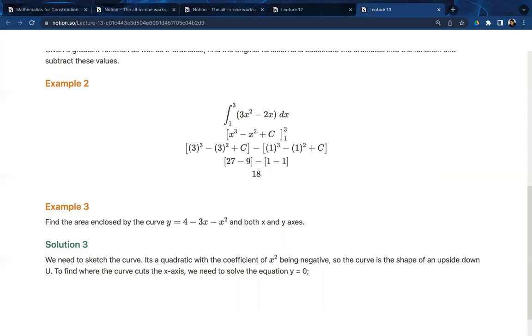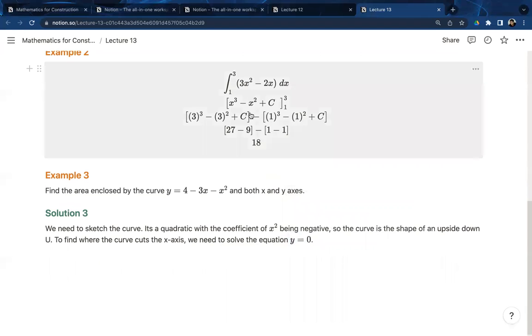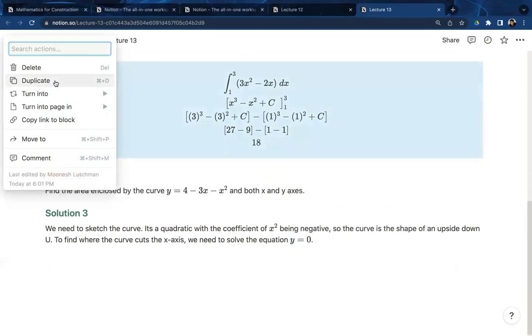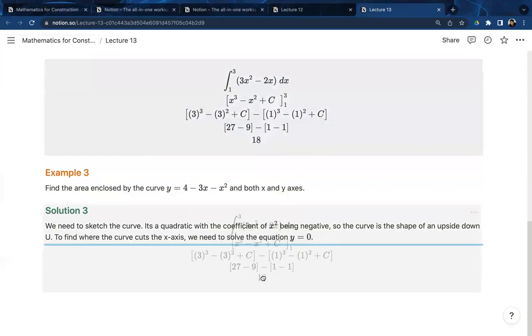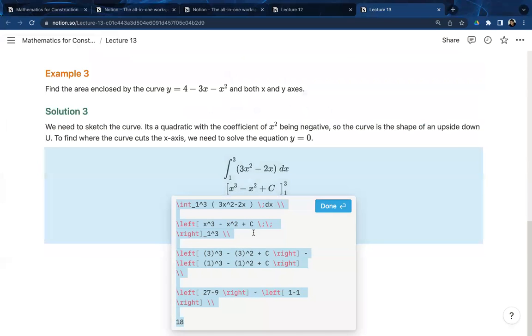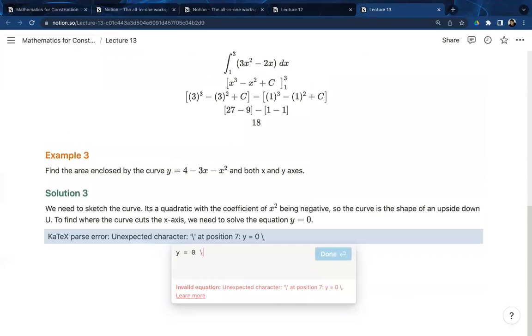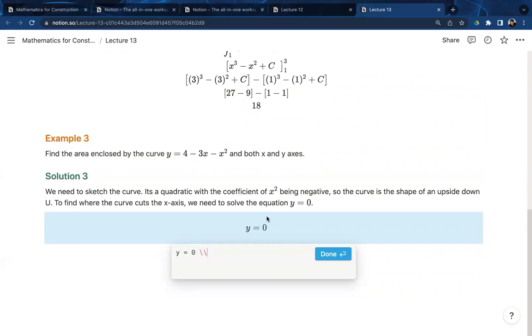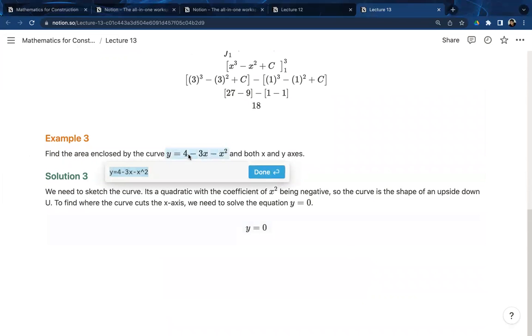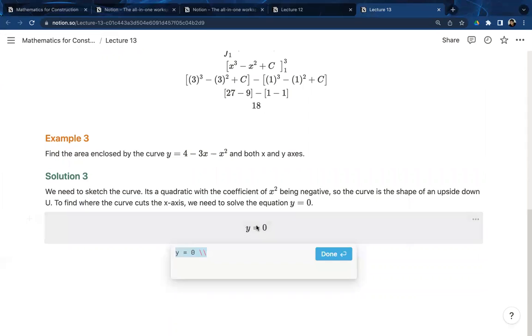So here is our equation, y equals 0, right? So let's do that. So y equals 0. What is y? Y is all this, right?